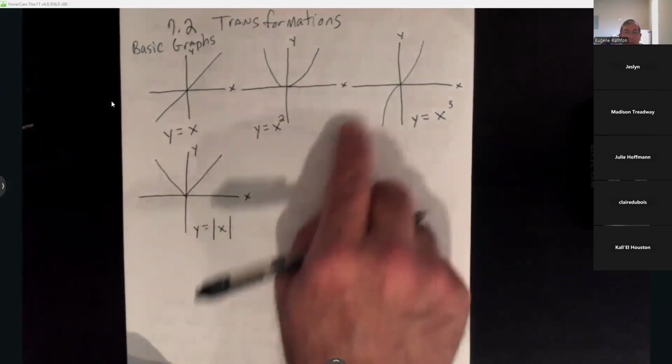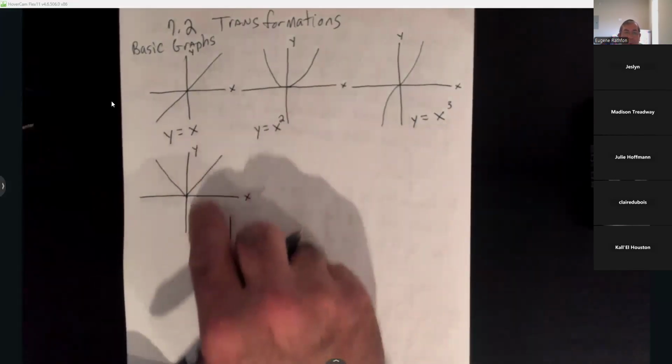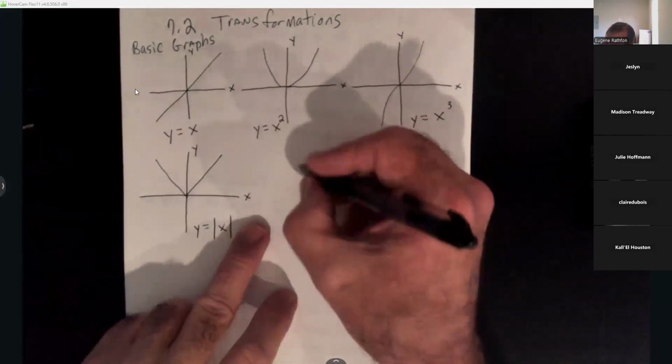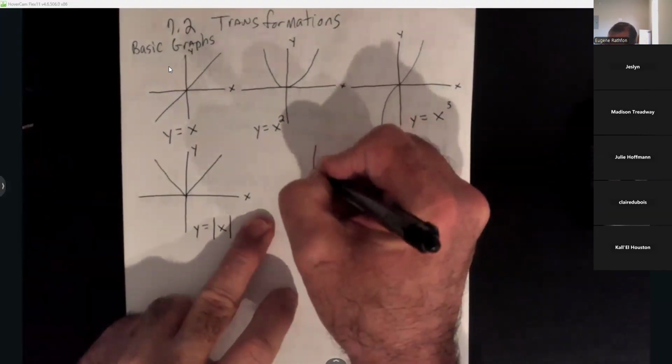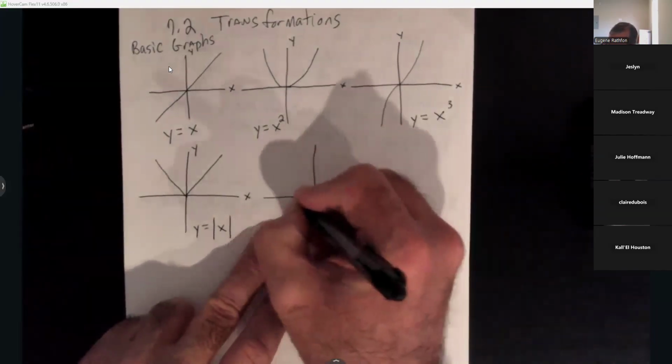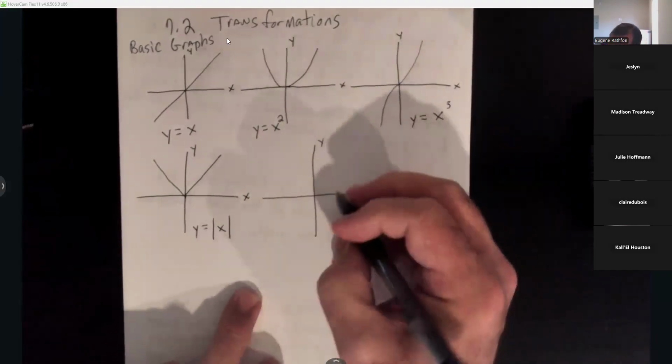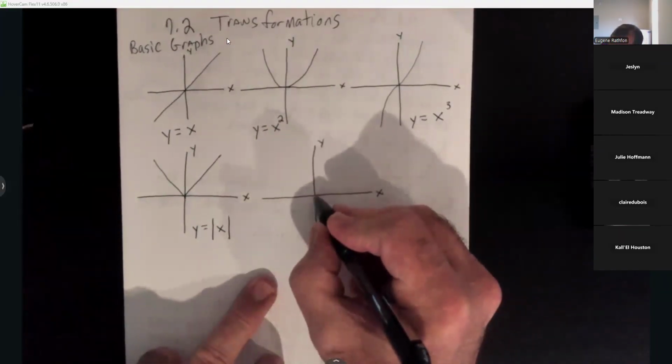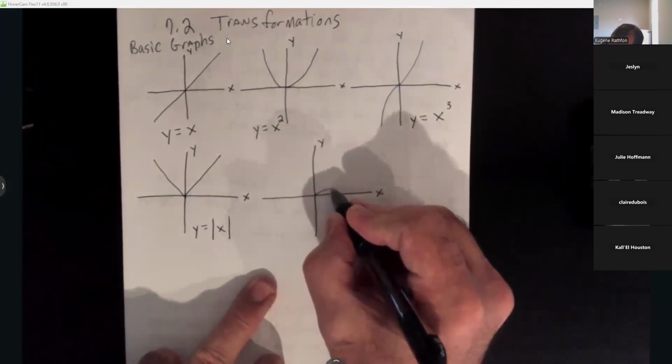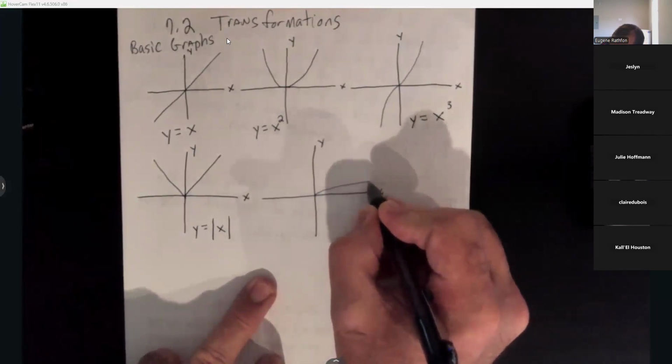All right, so we definitely played with all of these in 2-1 and 2-2. Now, some that we didn't draw yet, but we're going to know what the shapes are. This one sort of goes slowly uphill to the right.